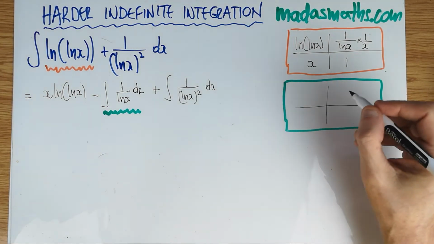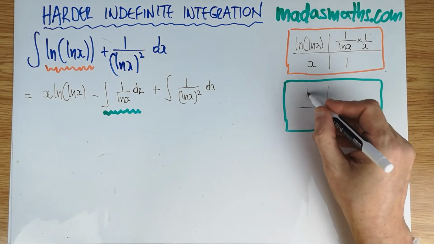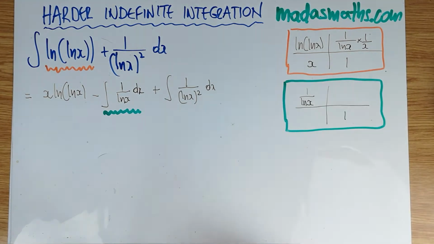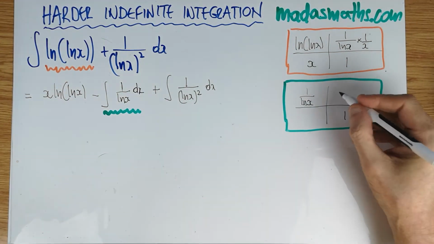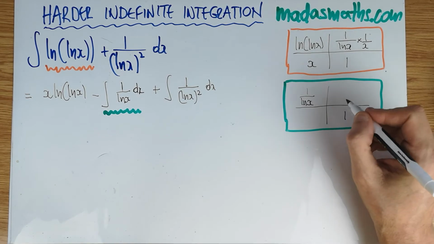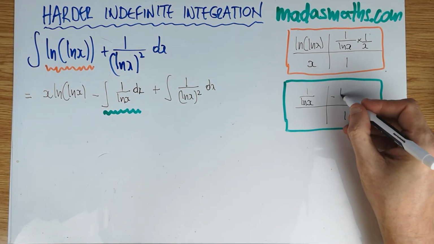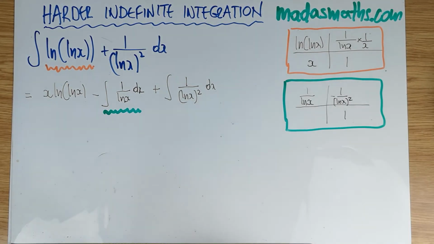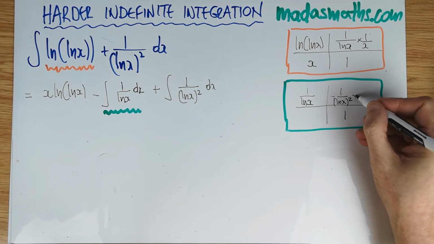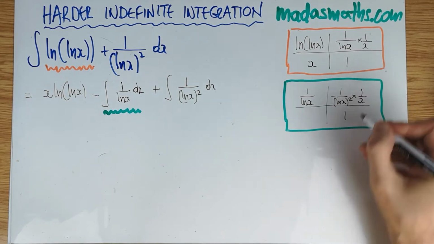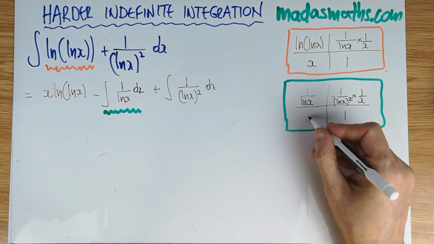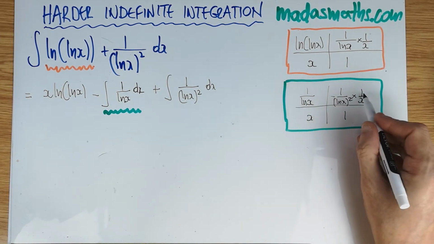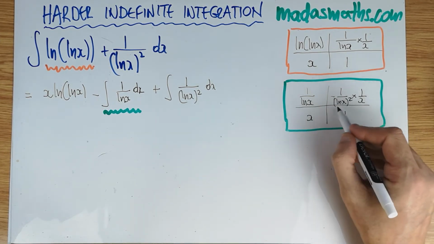So we're going to differentiate the 1 over the log of x, and again we're going to integrate the 1. That's log of x all to the power of minus 1. So it's going to go minus 1 over the log of x all squared times the differential of the log, which is a 1 over x, and the 1 will come back into x, and again nicely this will cancel this 1 over x and the x, and I'm getting the right quantity here.